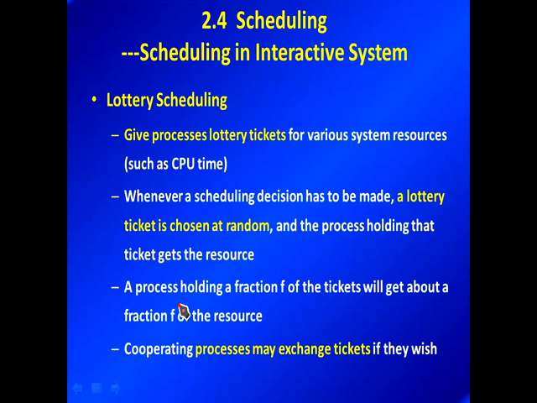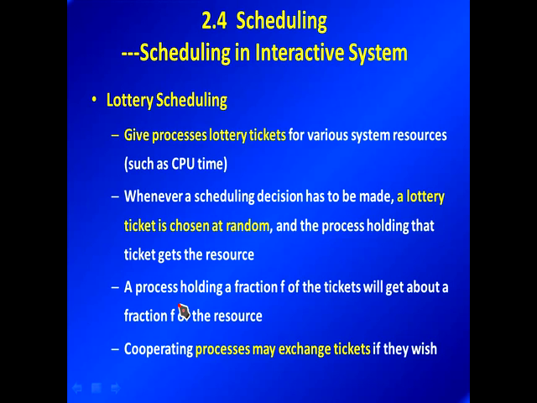And the next one is called lottery scheduling. This is very similar to a lottery. It means each process in the system can get some lottery tickets. So maybe some processes can get more lottery tickets and some processes just get fewer lottery tickets.